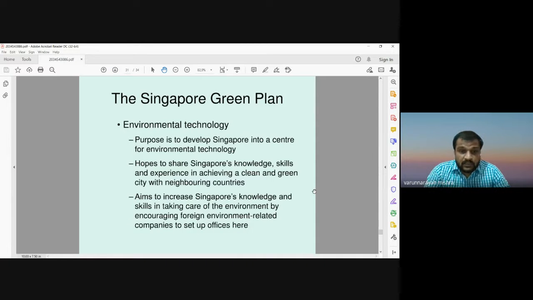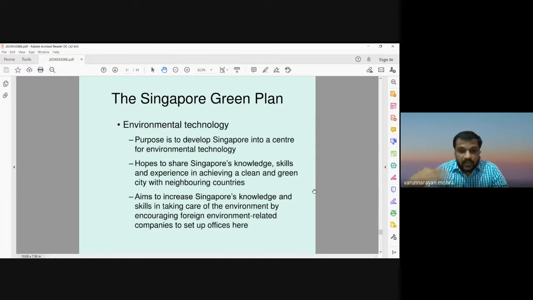Environmental technology. The purpose of environmental technology is to develop Singapore into a center for environmental technology. It hopes to share Singapore's knowledge, skills and experience in achieving a clean and green city with neighboring countries. This also aims to increase the knowledge and skills in taking care of the environment by encouraging foreign environmental companies to set up offices here.